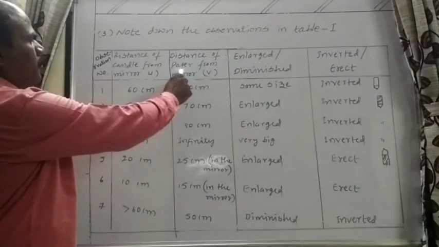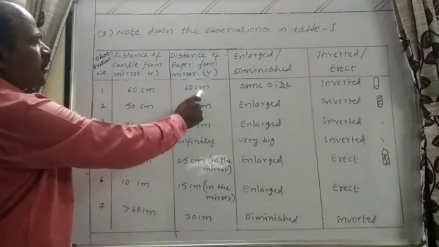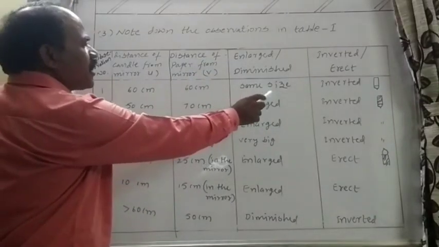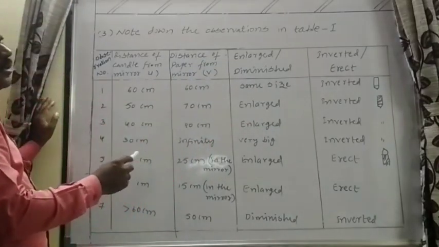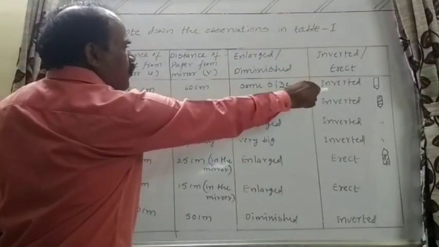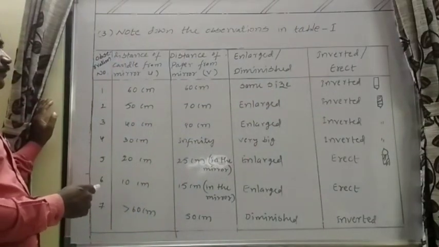The distance of paper from the mirror is 60 centimeter. The nature of the image is the same size, and inverted, that is, an inverted image formed in front of the mirror.